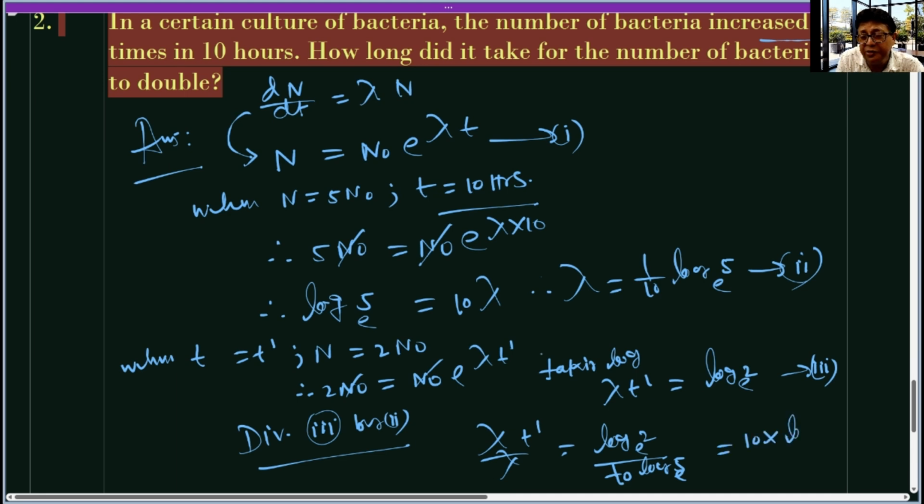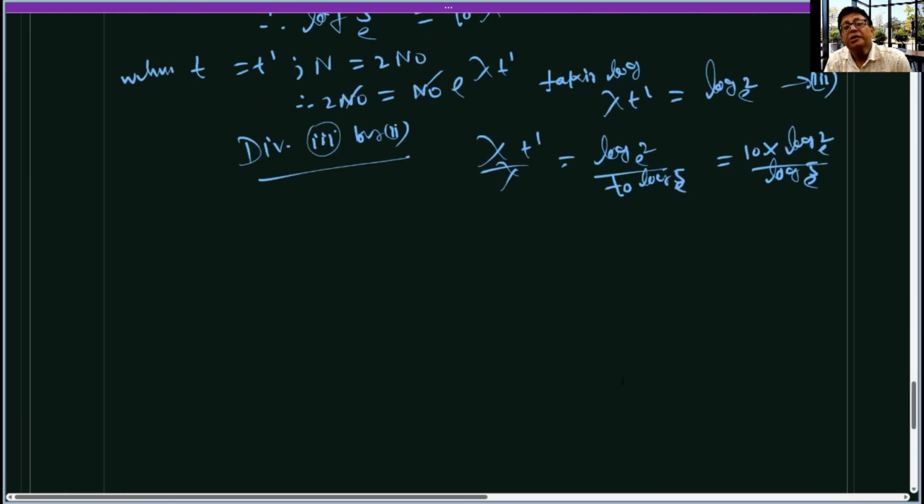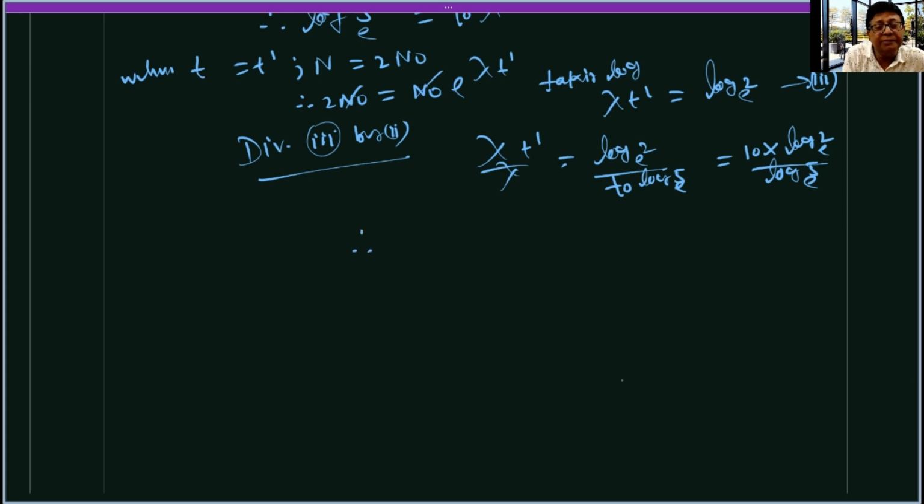So this is 10 into log 2 base e upon log 5 base e. Recently we found the values of log 2 and log 5 from the table. They will give you also in exam, don't worry. Okay? So from here, t dash can be found out.